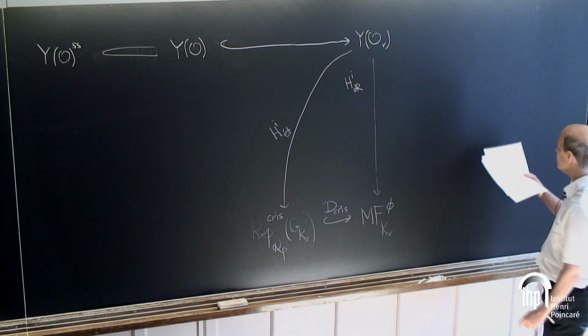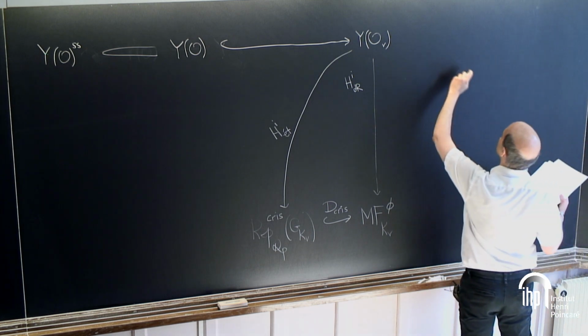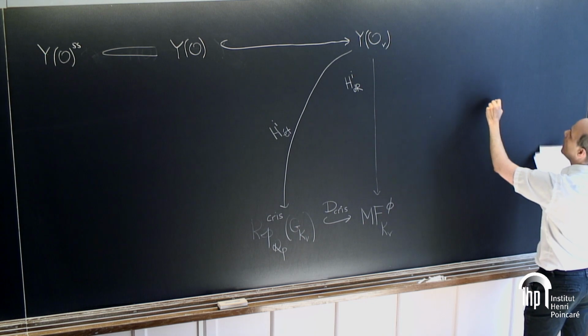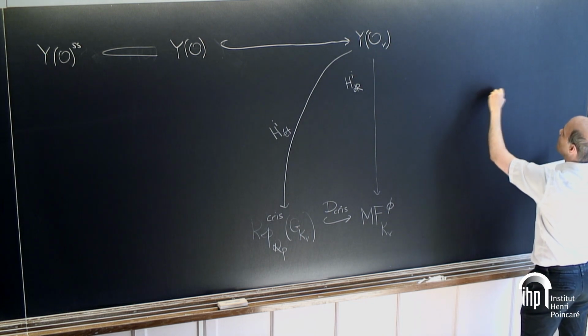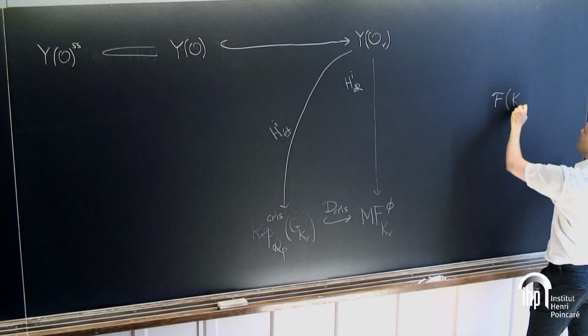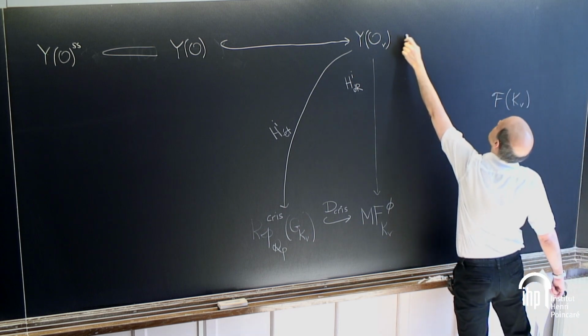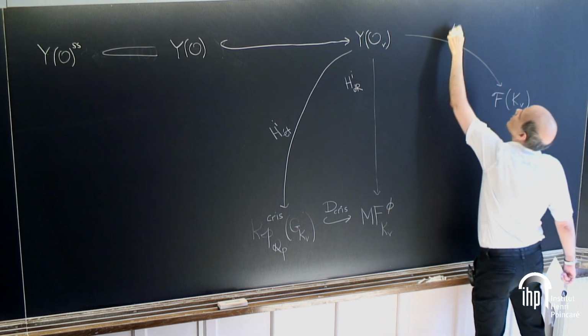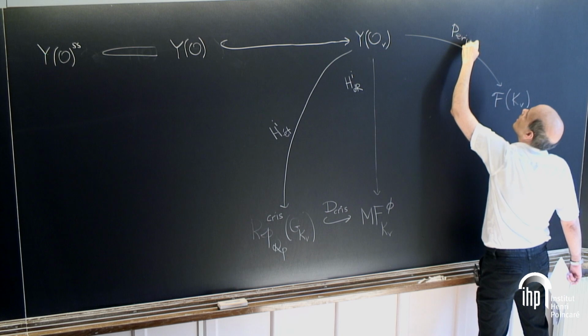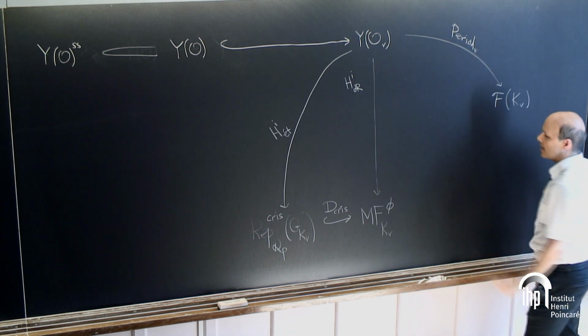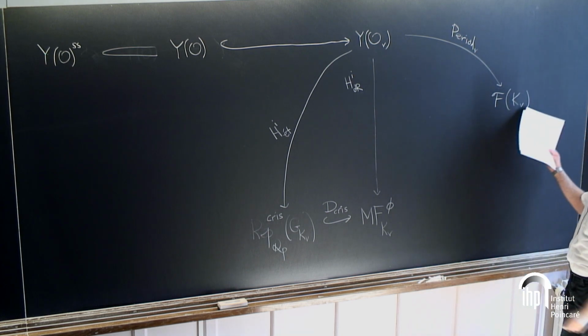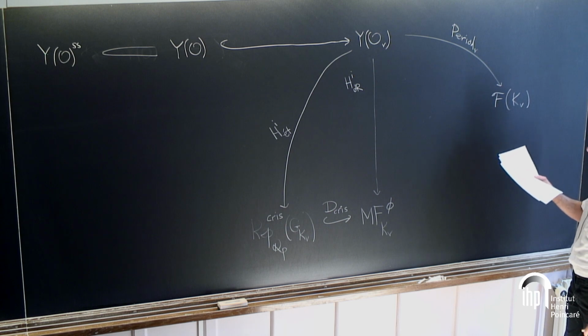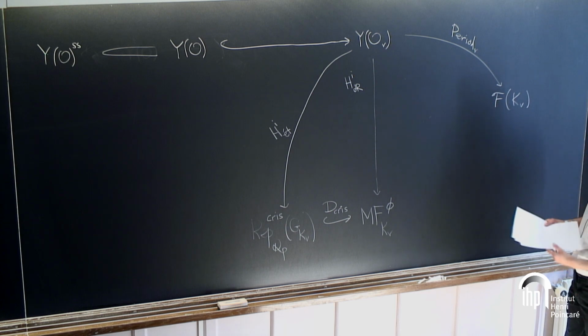Now, I also have, on the other hand, a period map, the p-adic period map, which goes like this. I'd like to be able to relate these other things to this. But unfortunately, there's no direct way.